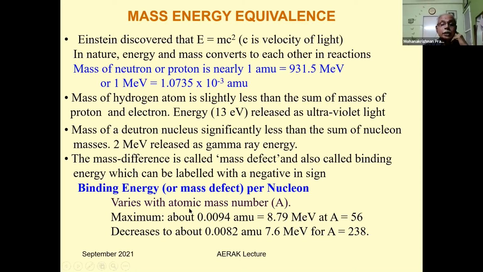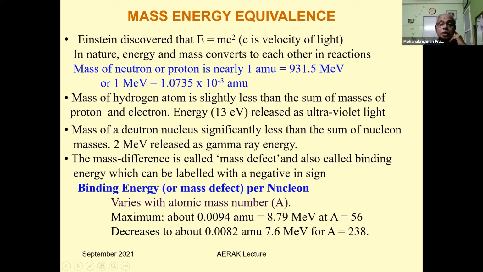So it turns out that for the different nuclei starting from hydrogen, the binding energy per nucleon increases initially and then decreases.